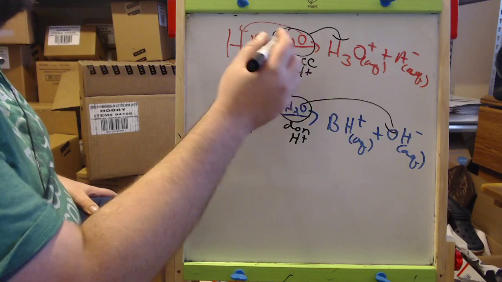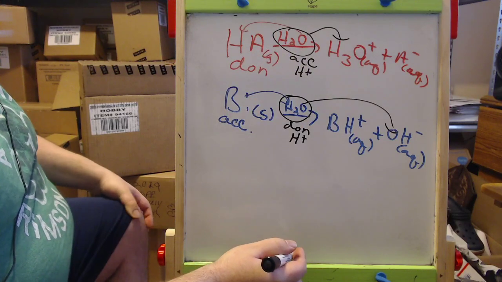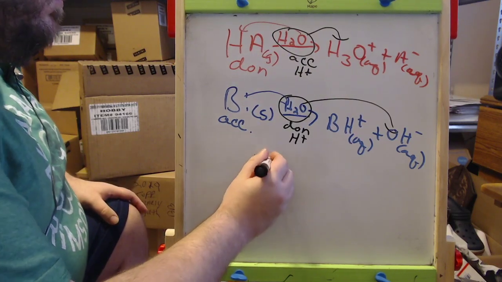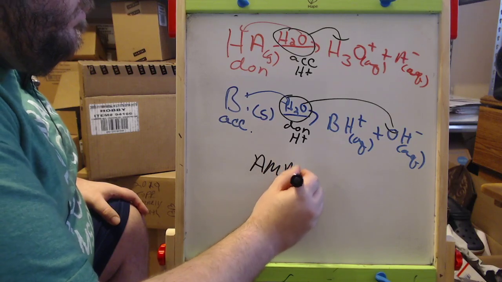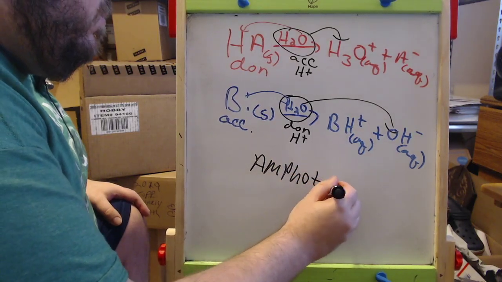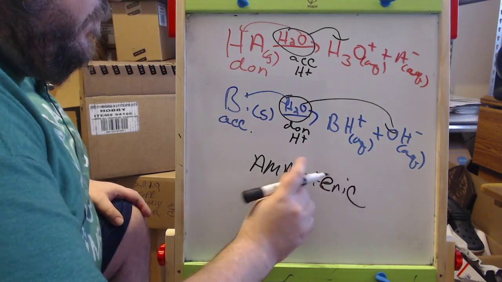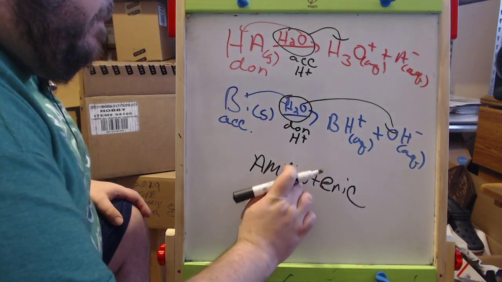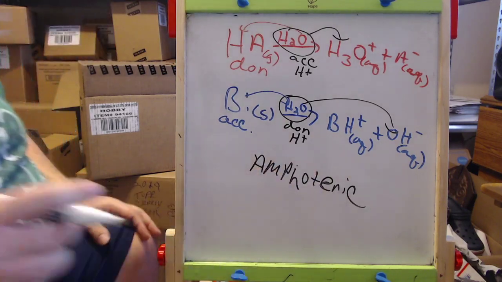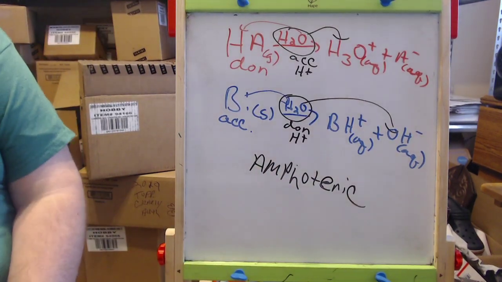If I have a substance that can act like both an acid or a base, we say that it's amphoteric.